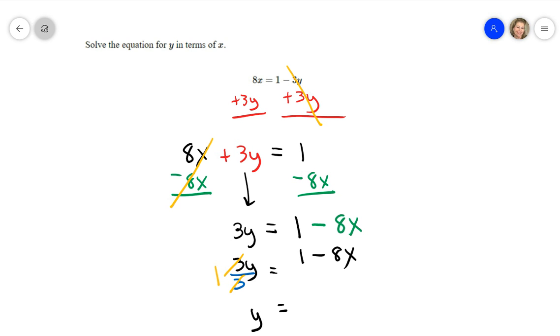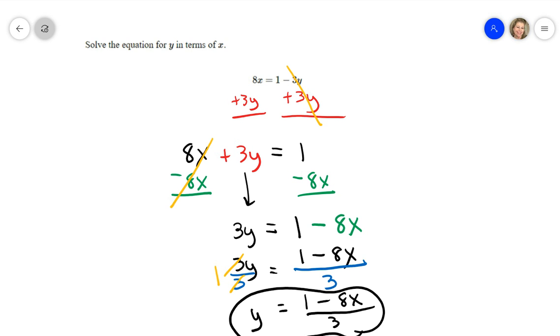So I would have to also divide the 1 minus 8x by 3. Now, Mobius did not say, I don't think, that I had to put it in any certain form, so 1 minus 8x all over 3 should be an okay answer.